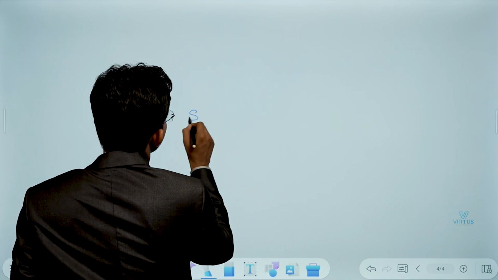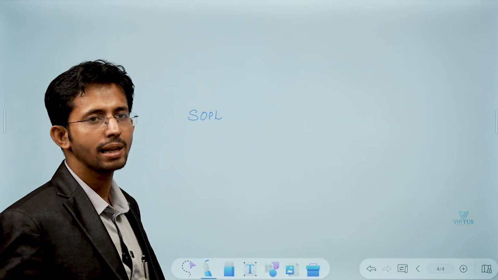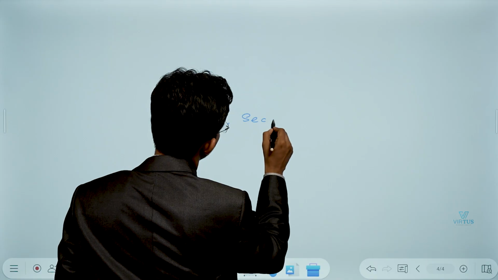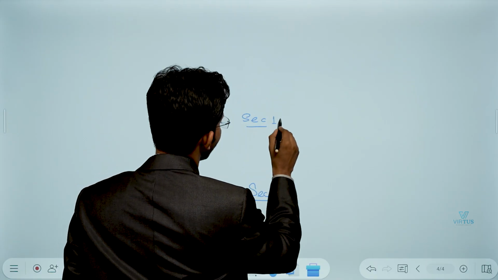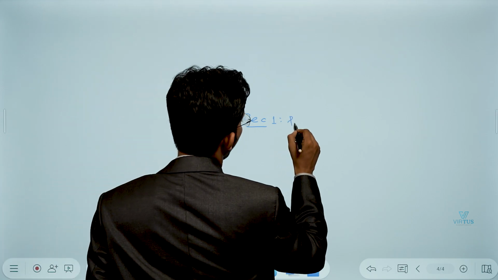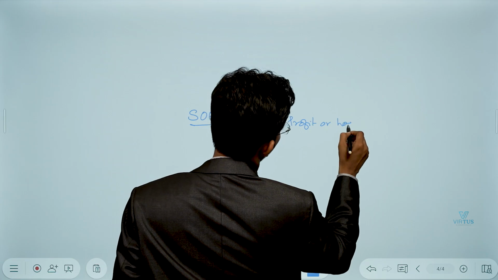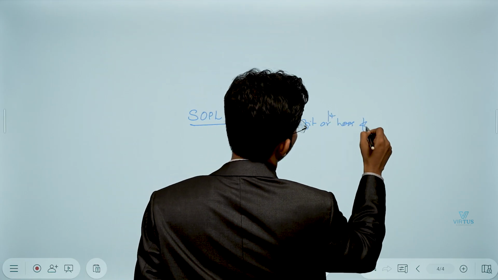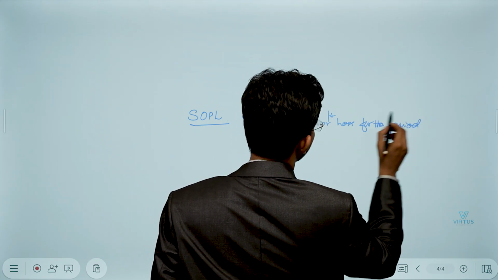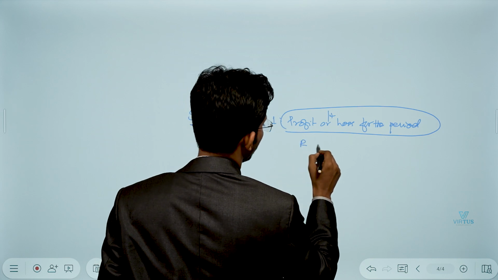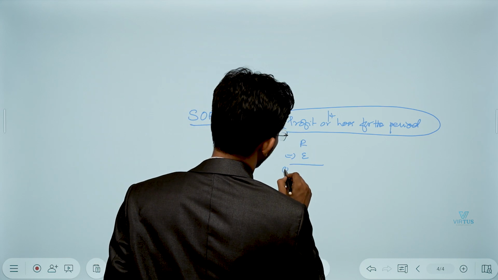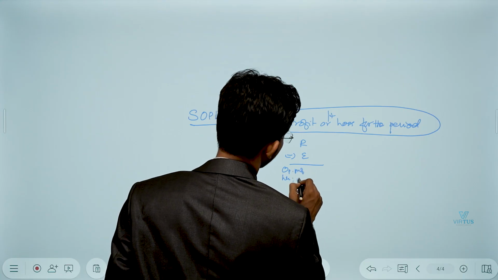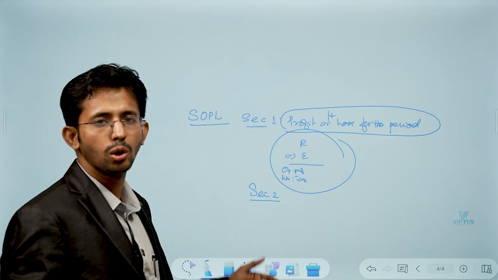IND AS 1 says that an entity shall present a single statement of profit and loss, with profit or loss as well as other comprehensive income presented in 2 sections. What does it mean? When we look at the statement of profit and loss in the IND AS format, it will have 2 sections, section 1 and section 2. What is section 1? Section 1 talks about the profit or loss for the period. This is our major section: revenue minus expenses, which will be the operating profit, then less taxes. That statement is section 1.